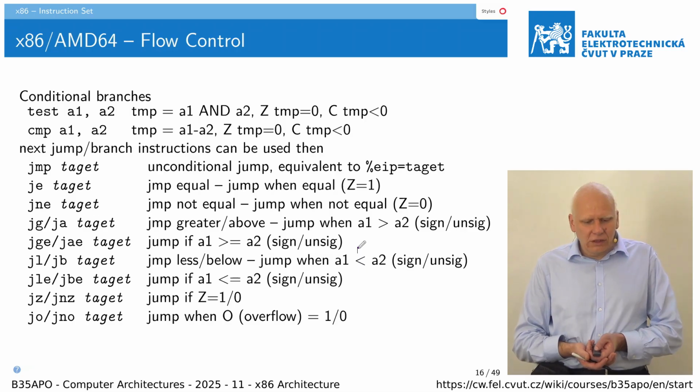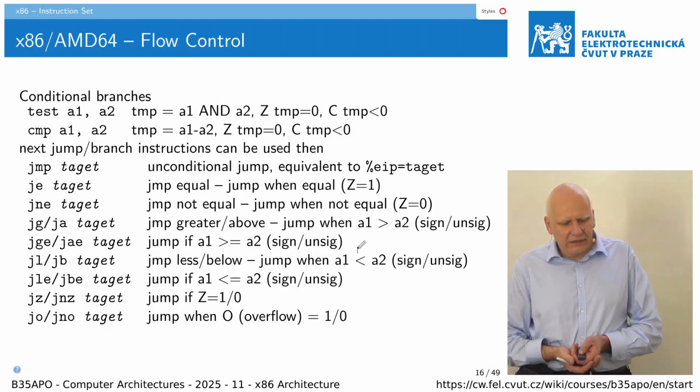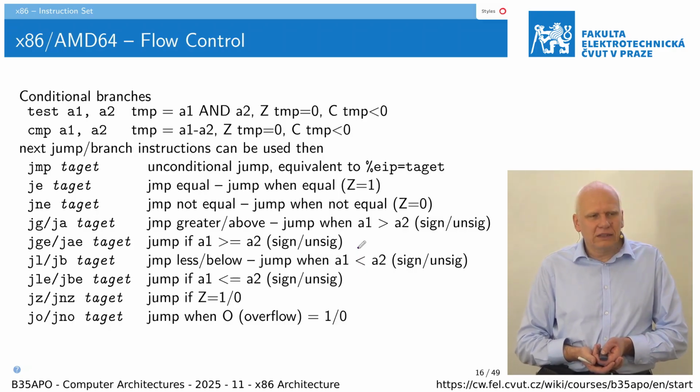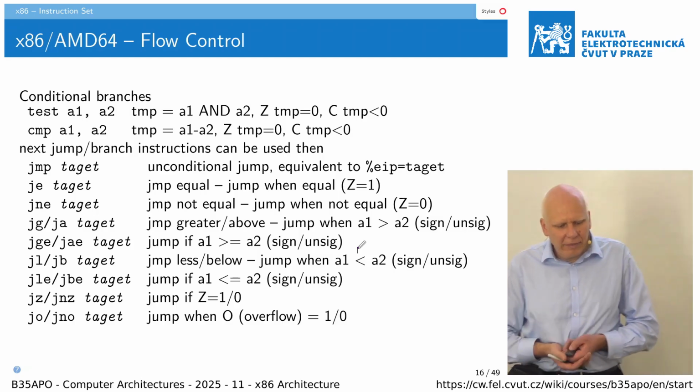As for the control flow or branches and so on, there are no combined instructions which can compare two registers and directly branch to some target.